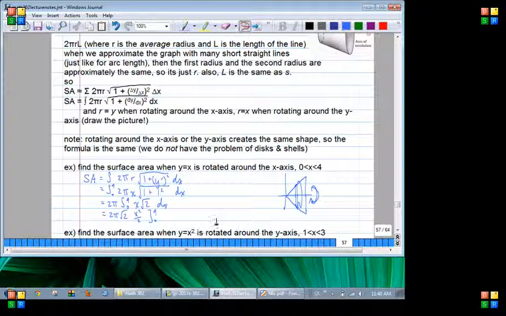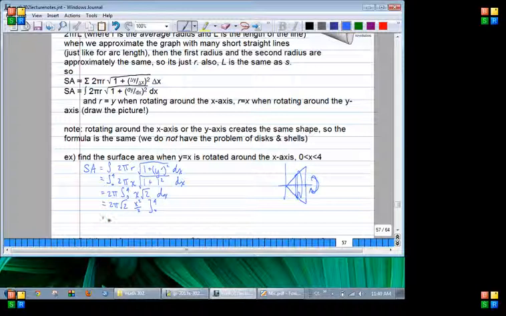And this goes from 0 to 4. So we get 2 pi radical 2, plug in 4, 4 squared over 2, minus you plug in 0, you'll get 0. So that's going to be 16 over 2, so it's 8. So you get 16 pi radical 2. So we actually found the surface area of this cone.